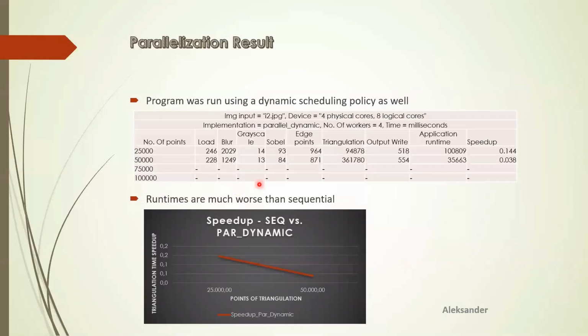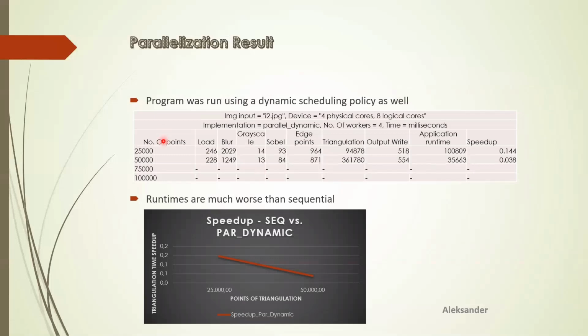We tried running the parallel program as well using a dynamic scheduling policy, and the results can be seen here. When we used the dynamic scheduling policy, we discovered that because our program is using a centralized shared queue, this becomes a bottleneck. All the workers have to wait for the queue.